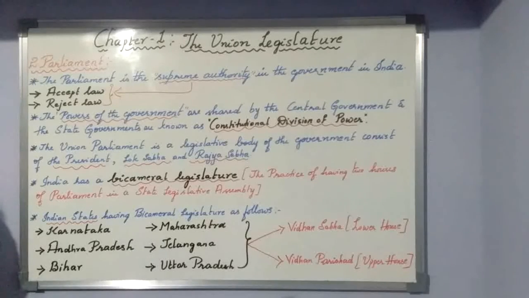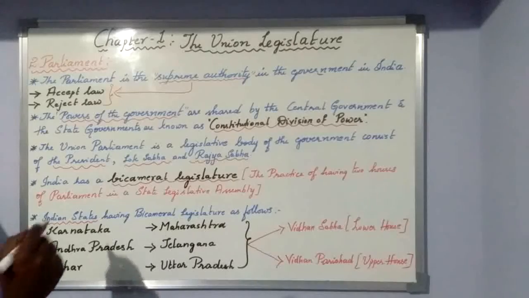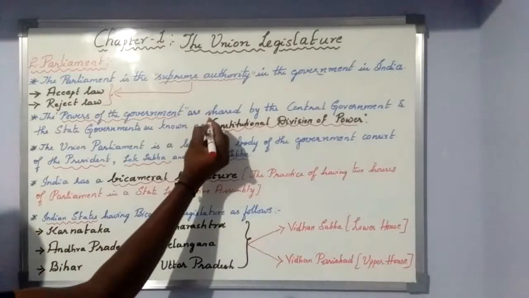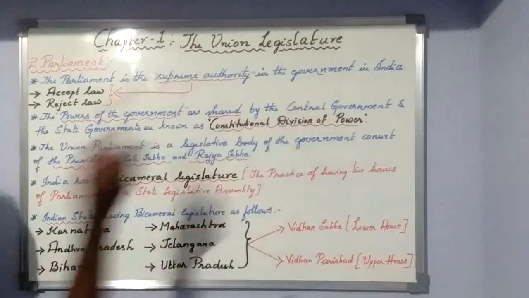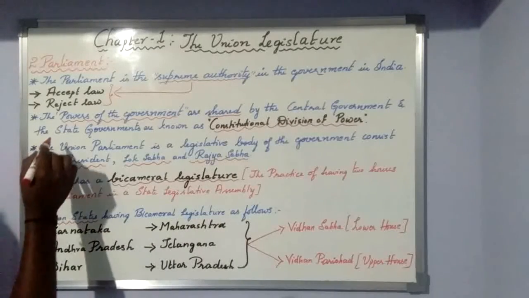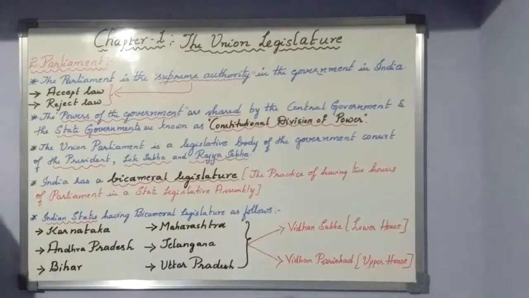When we have two governments, when the constitution was framed in 1950 and given to us, it shared some powers between the central and the state government: where only the central government should make law, and where only the state government should make law.